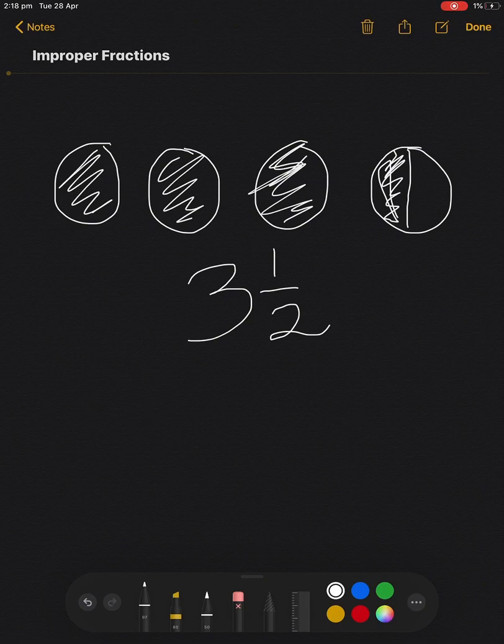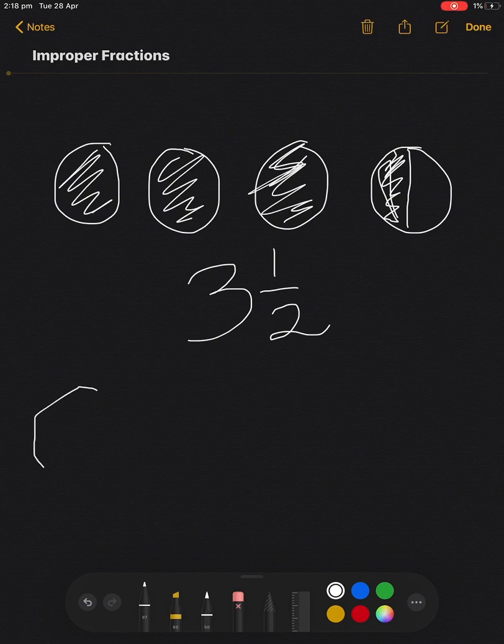Well, today we're going to talk about improper fractions. So all an improper fraction is, it's not counting the wholes, it's counting the fractional pieces. So let's take these 3 1/2 cookies.